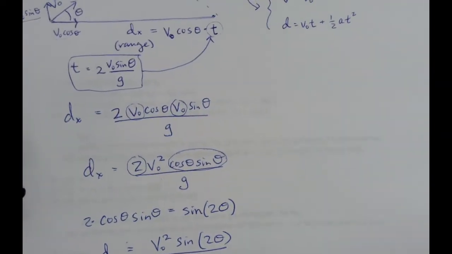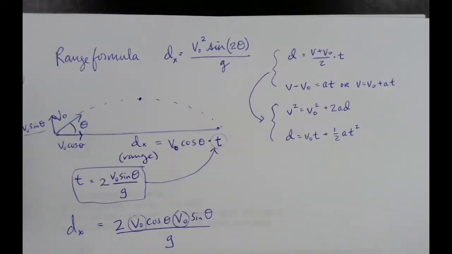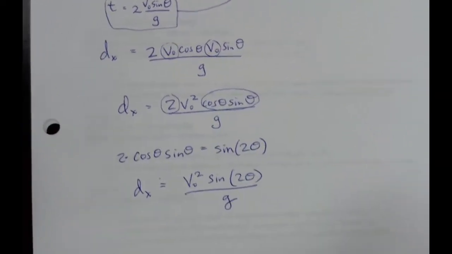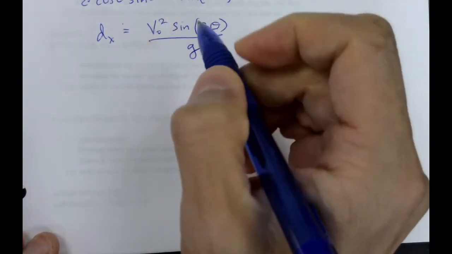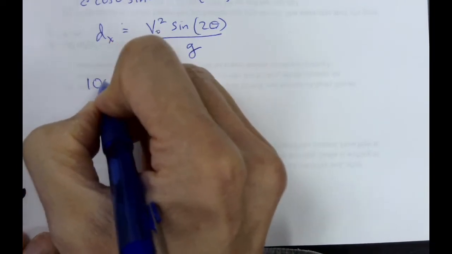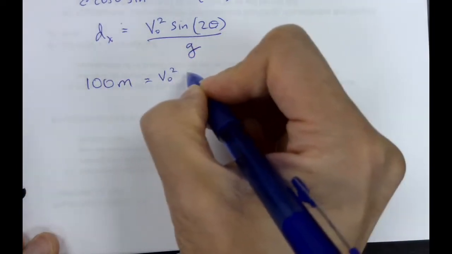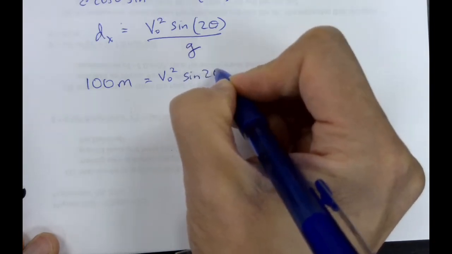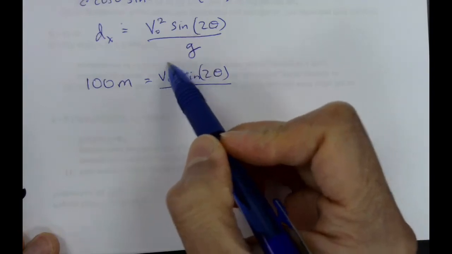Alright, so that formula right there. Now turning it into sine 2 theta is not just easier, it's actually necessary if we, for example, have a range. Let's say we want to go 100 meters, and we know our magnitude.